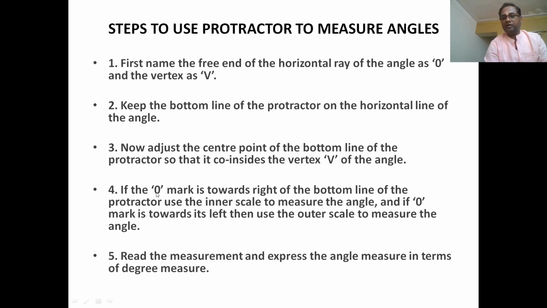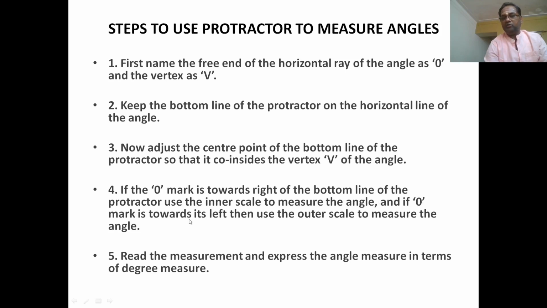Now you have to check for the 0 mark, towards which side of V is the 0 mark. If the 0 mark is towards the right of the vertex V, then we are going to use the inner scale to measure the angle.